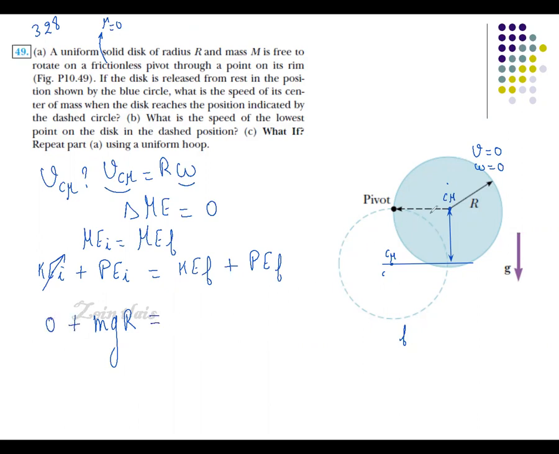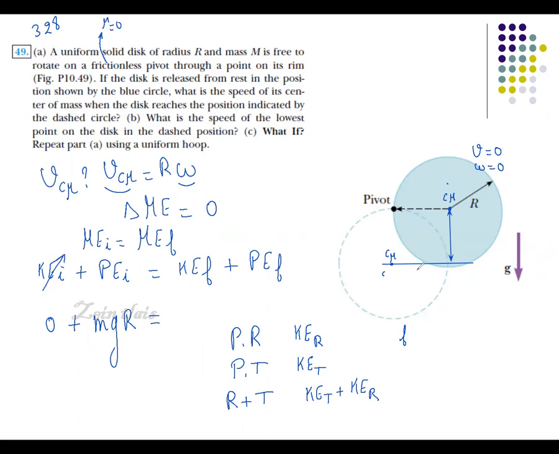I told you if we have pure rotation, we have only rotational kinetic energy, 1/2 I omega squared. In the case of pure translation, we have translational kinetic energy, 1/2 mv squared. If we have translation and rotation, we have to add 1/2 mv squared plus 1/2 I omega squared.